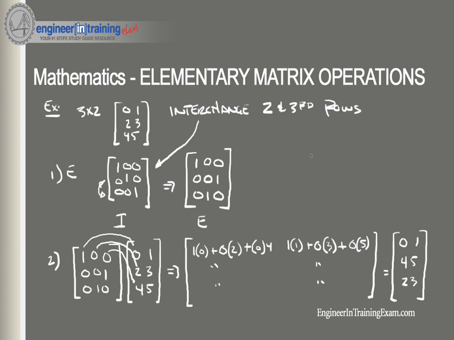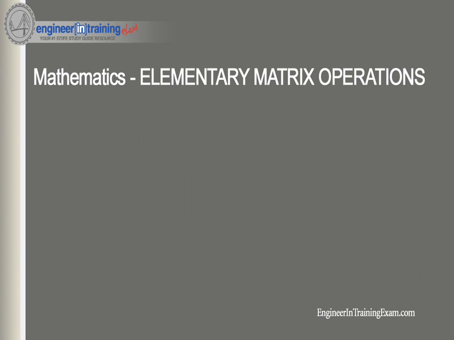So let's look at another example here. Suppose we are asked to multiply each element of a 2 by 3 matrix A by 7. So the operation we want to carry out is to multiply each element in the second row by 7.